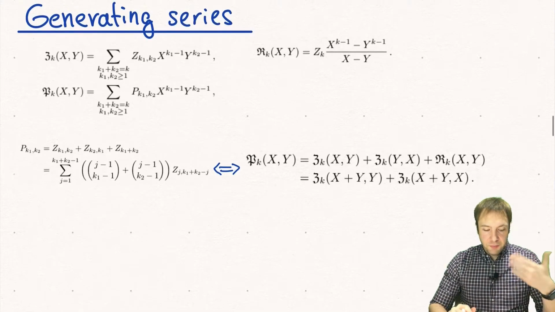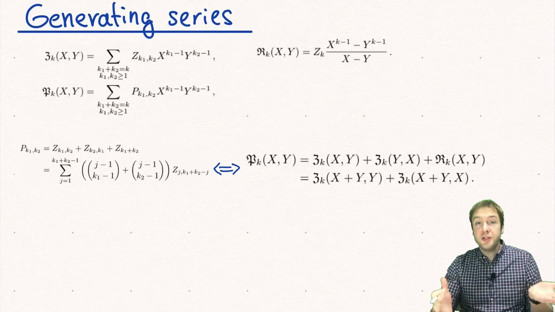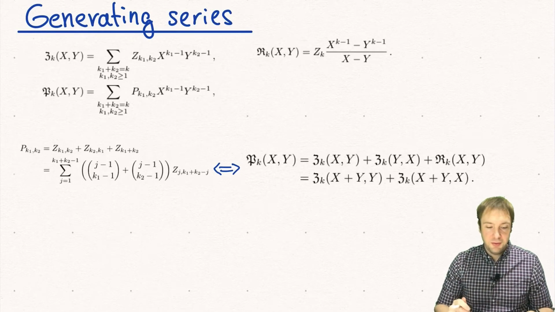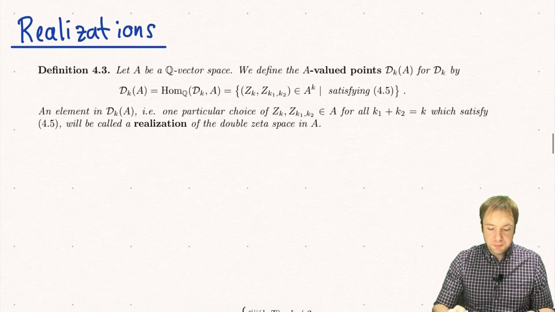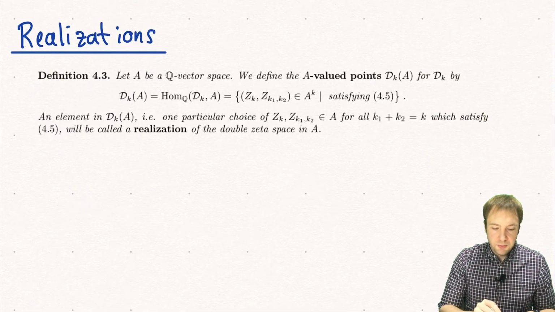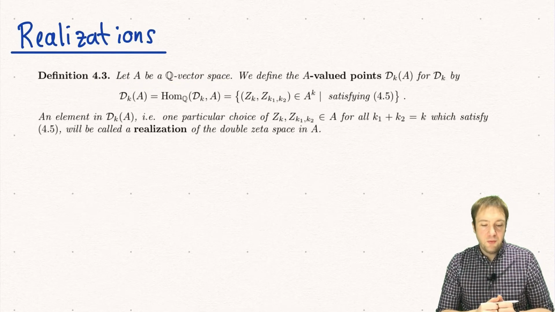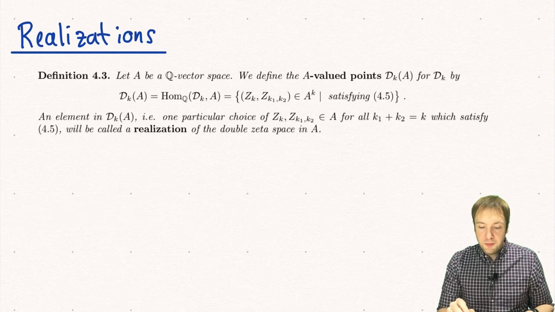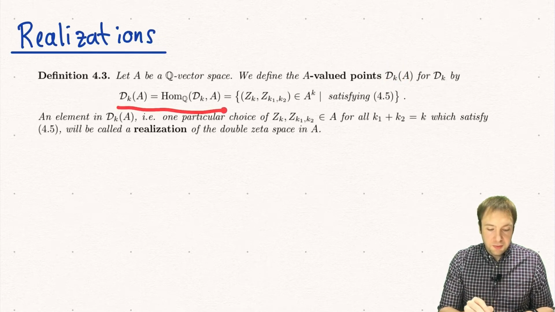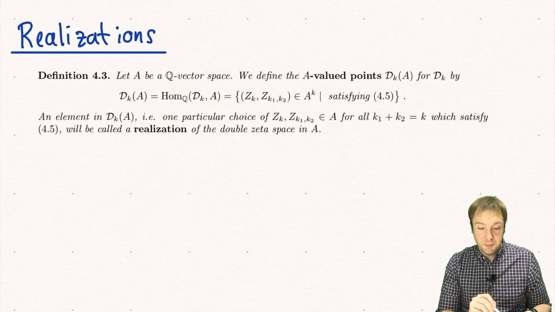And after proving relations, we want to find real objects which satisfy these relations, and this is what we will call a realization. So assume we have some Q vector space A. Then we define the A-valued points of this double zeta space to be the homomorphisms from Dk to A as Q vector spaces.